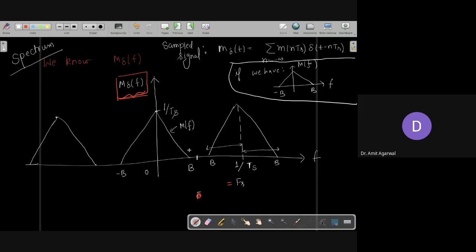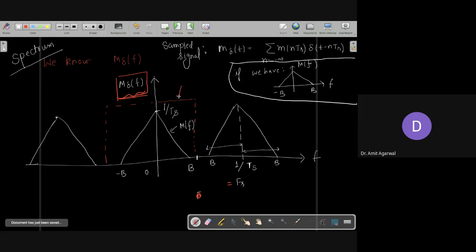So अब मुझे ये बताओ कि if you want your message signal to be recovered at your receiver, these shifted versions of the message spectra should not overlap.